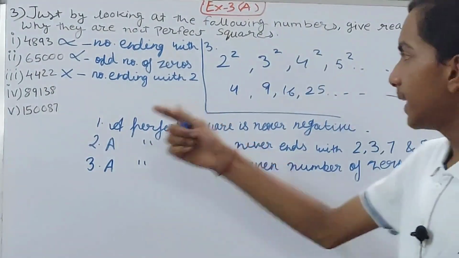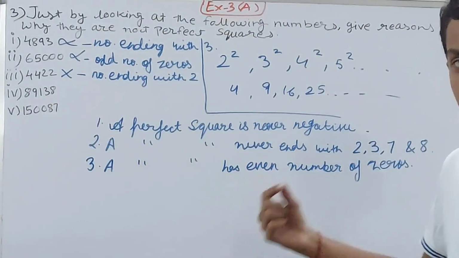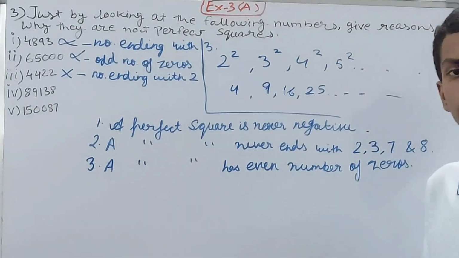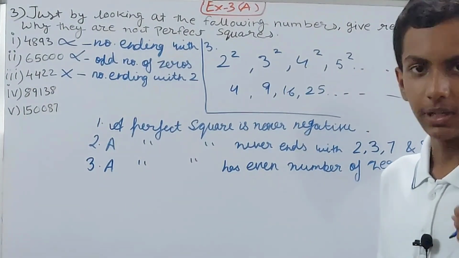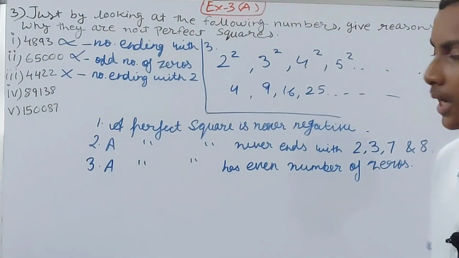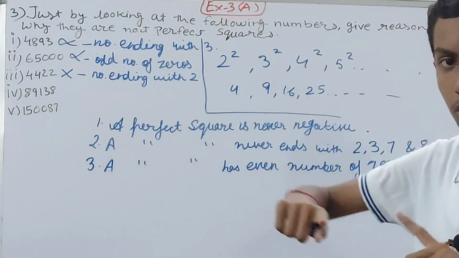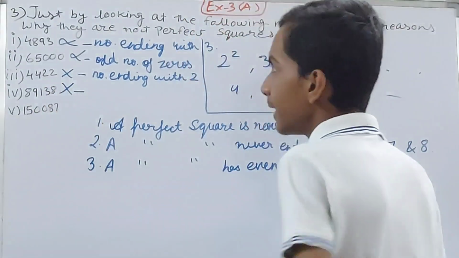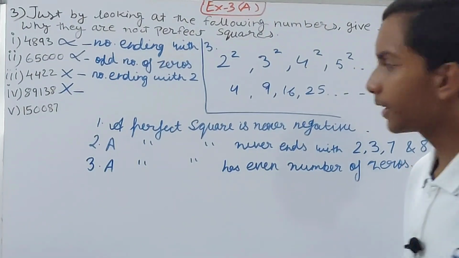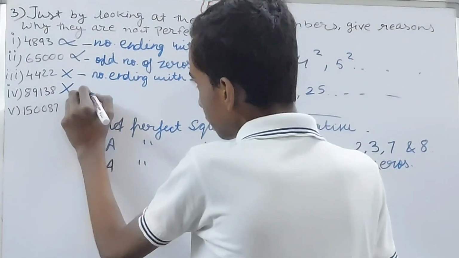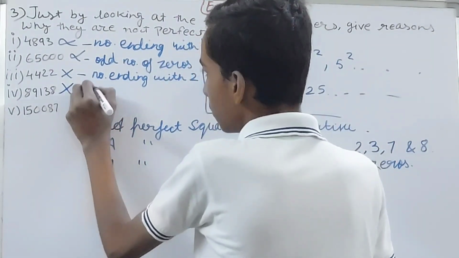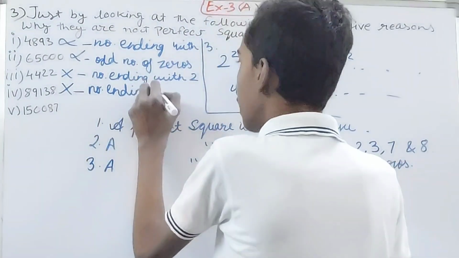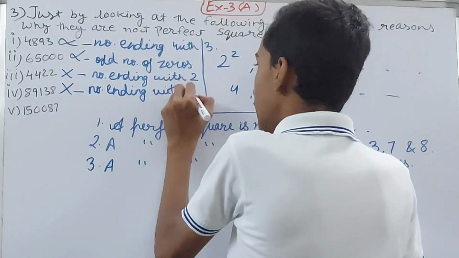Then 89,138, which is ending with 8. 8 is a digit that will not make the number a perfect square. So if it is ending with 8, it is not a perfect square, because the number is ending with 8.